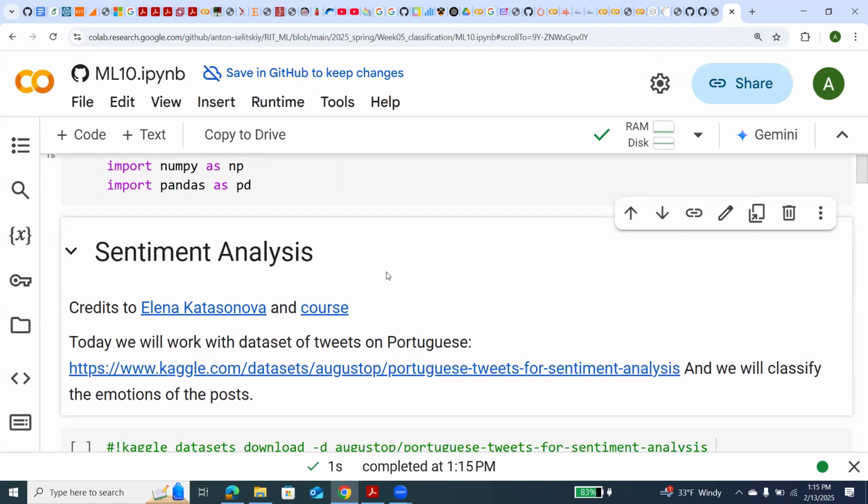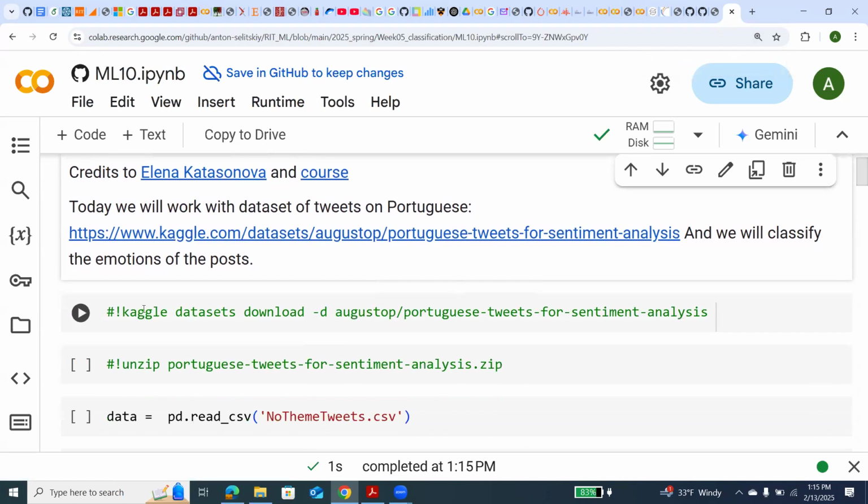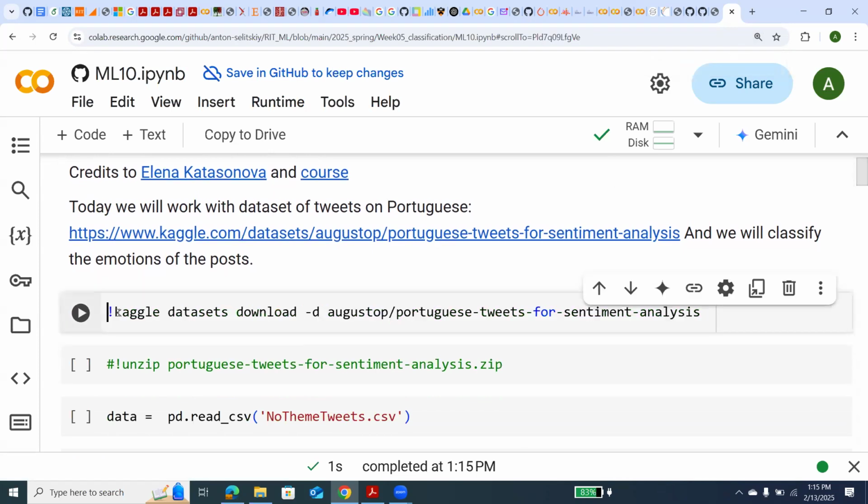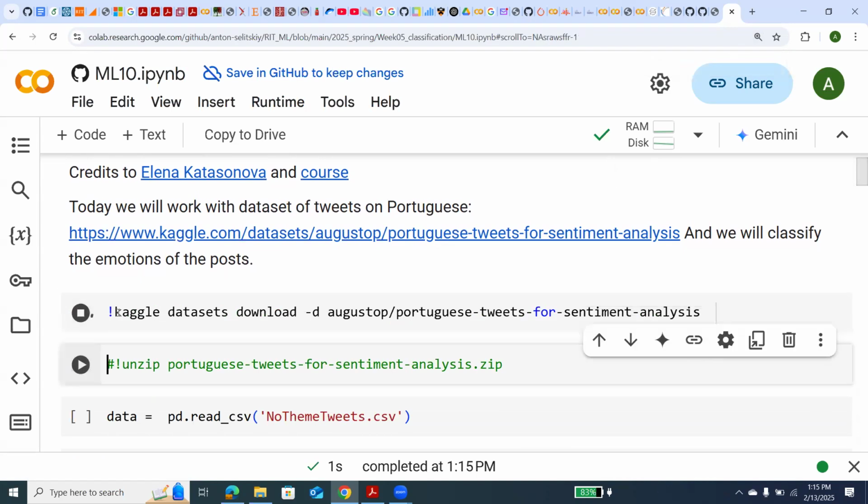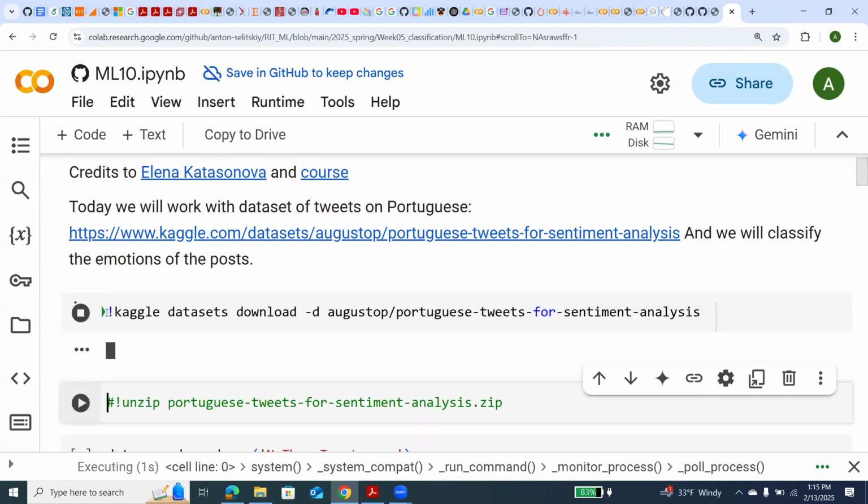If you want to upload the data, you can uncomment this line, and it will download the data set from Kaggle.